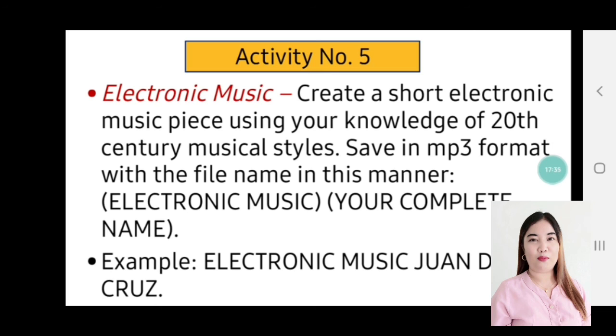Save in MP3 format with a file name in this manner: Electronic music, your complete name. Example, electronic music, Juan de la Cruz. Okay, in this activity naman, magre-record kayo ng sarili ninyong kanta. So, kakanta kayo, i-record ninyo at isi-save ninyo following the format.